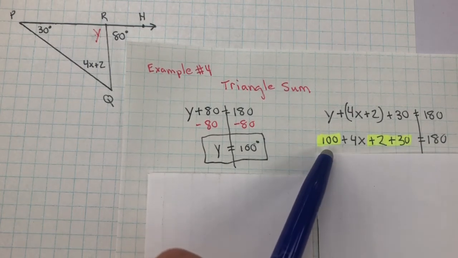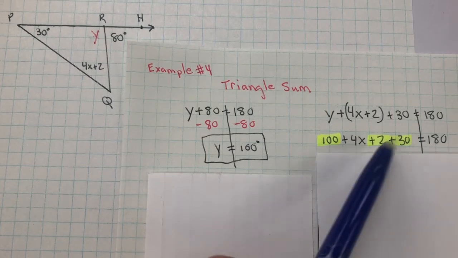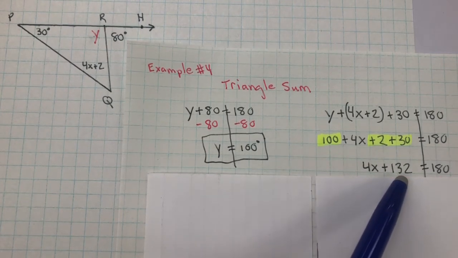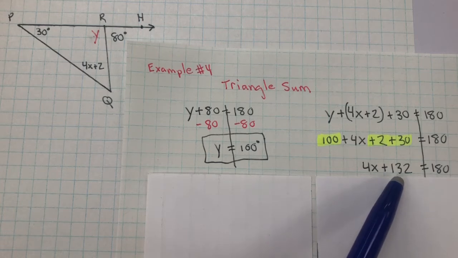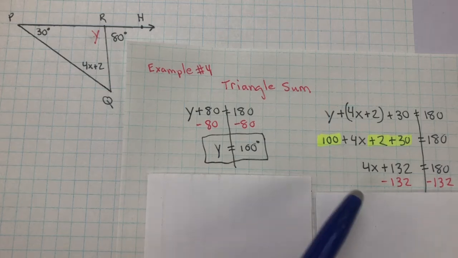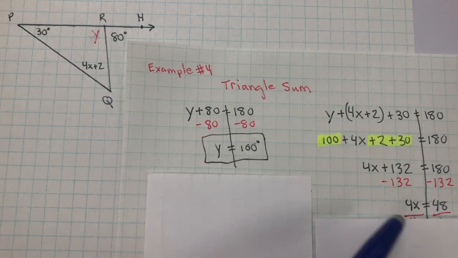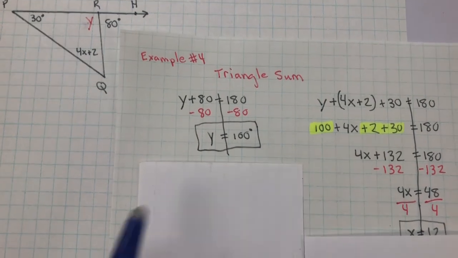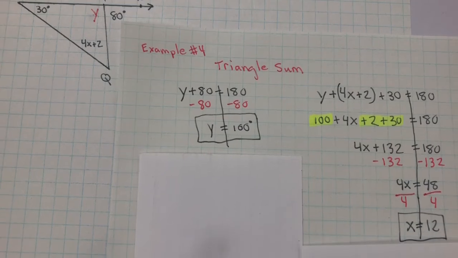Now we're going to go ahead and combine like terms. 100 plus 2 plus 30 equals 132. Inverse property of addition is subtraction, so we subtract 132 from both sides, and we get 4x equals 48. Divide both sides by 4, and we get x equals 12.